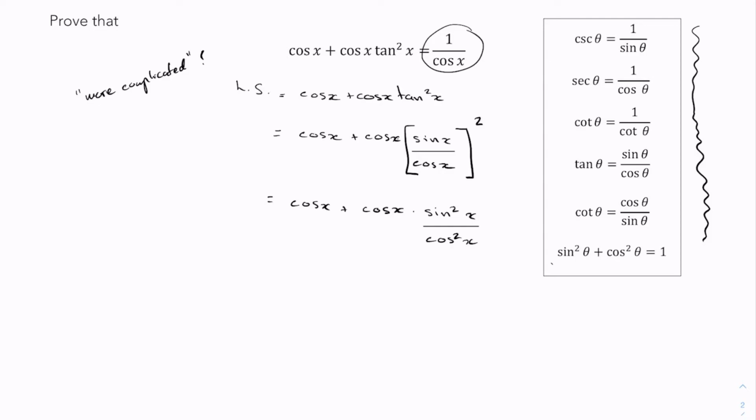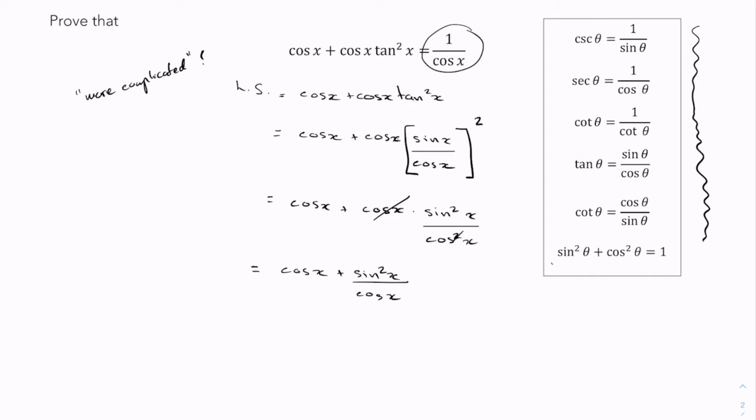I'm going to cancel this with one of these here, and I am left with cos x plus sine squared x over cos x.